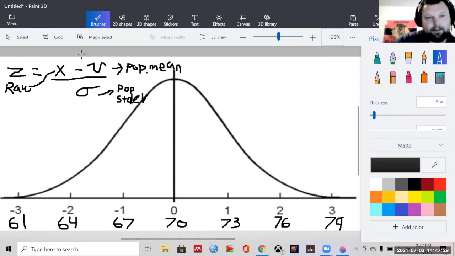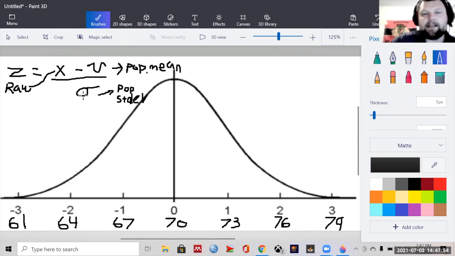So here, hopefully you can see my cursor up in the top left of this picture, I suppose you can call it, this is the z-score formula, which is raw score minus population mean, divided by population standard deviation. This symbol is a terribly butchered mu symbol, the Greek letter mu. And this symbol I'm pretty proud of, although it's not terribly difficult to draw.